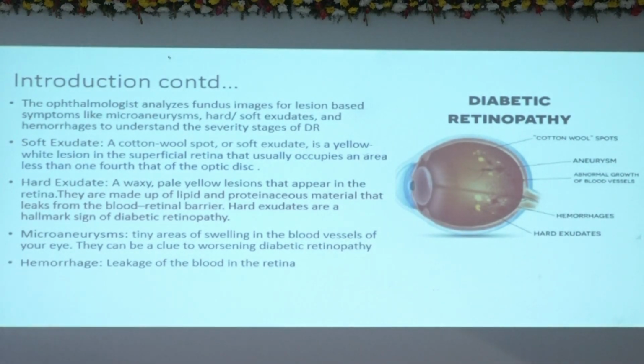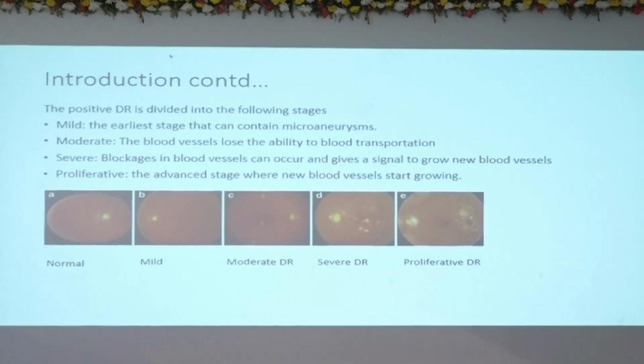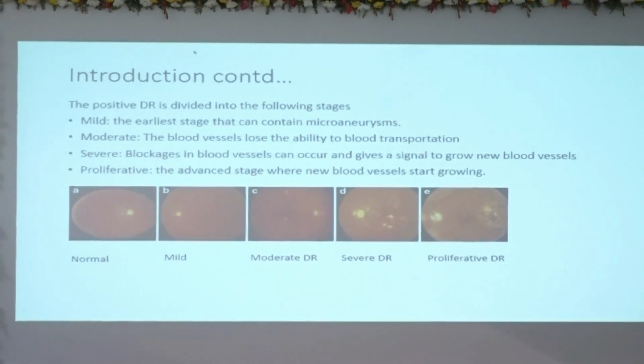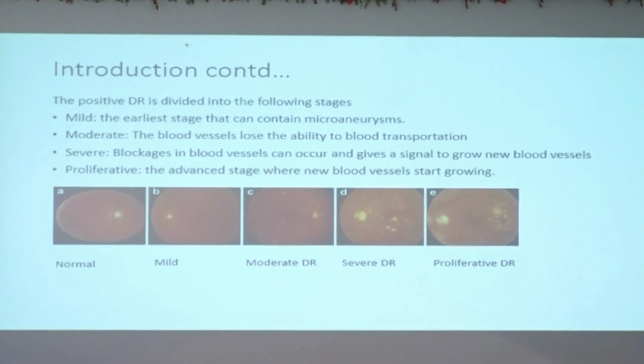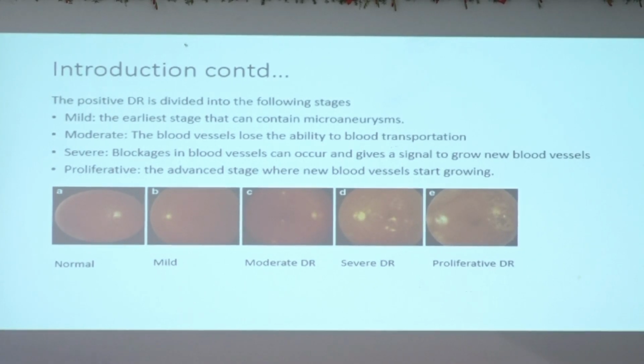Why I am telling these things is that, to detect or predict diabetic retinopathy, depending upon these things we will predict. Diabetic retinopathy is basically divided into 4 types: mild, moderate, severe and proliferative. Mild, as I discussed in the previous slide, shows microaneurysms, small patches.